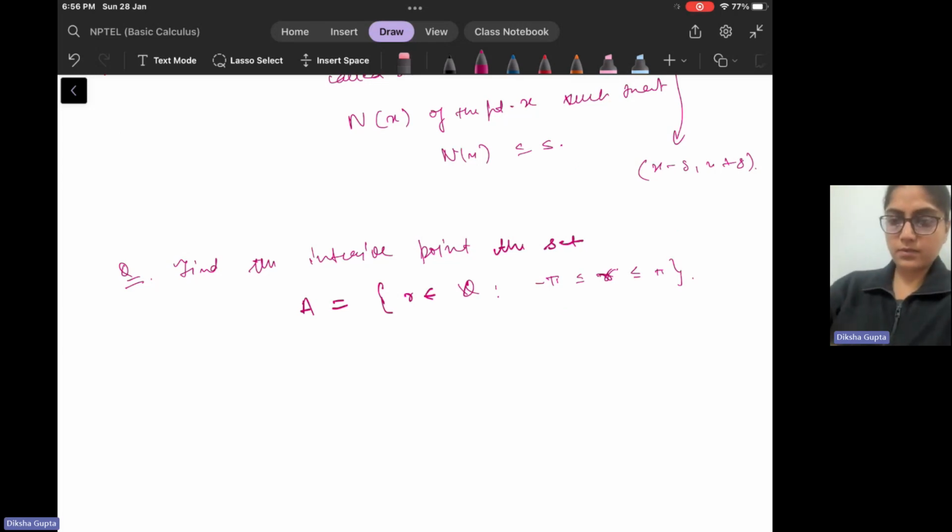So if you see, let x belong to the interior of A, meaning x is an interior point of the set.